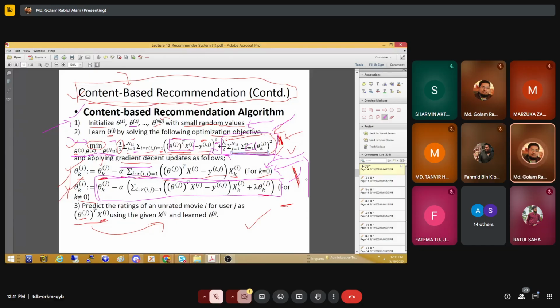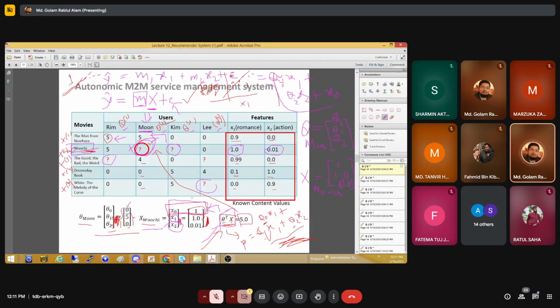And if we get the theta, then we can easily find the prediction. Okay, as I already mentioned here, if we know the theta value, then we can easily find the predicted value. The theta means theta 0, theta 1, and theta 2. Then for any new movie also, if we know the feature values, then we can easily find the predicted values.